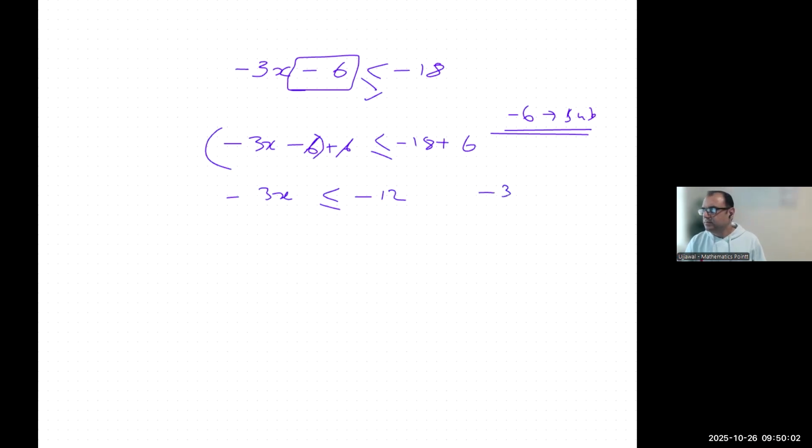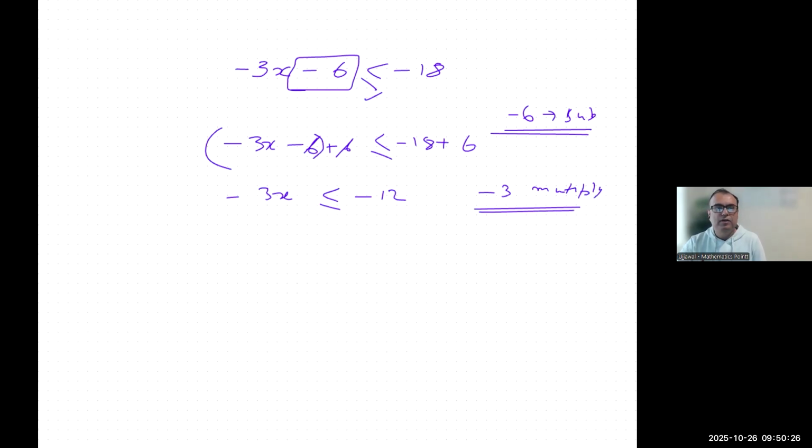If I may ask you, what is this negative 3 doing to x? Addition, subtraction, multiplication, or division? A multiply. Exactly. Multiply.